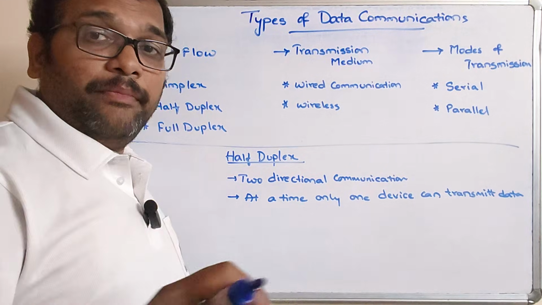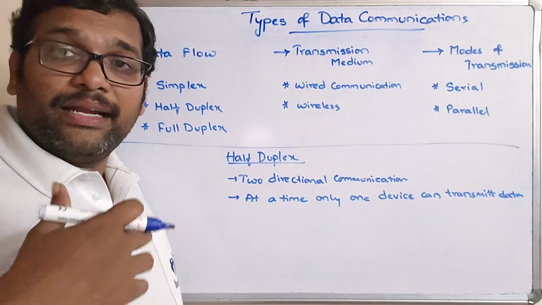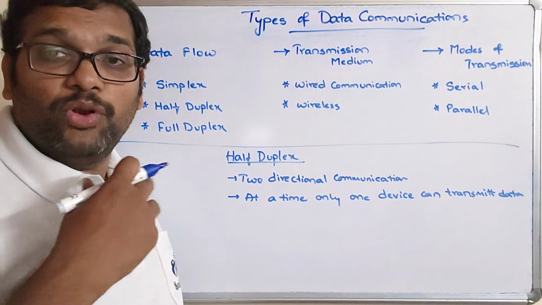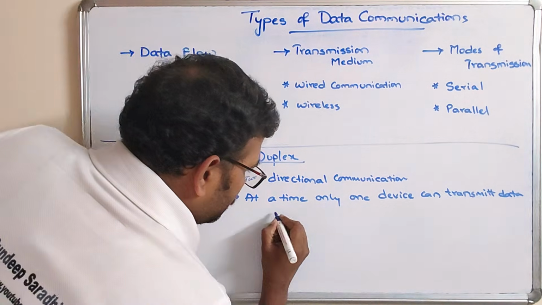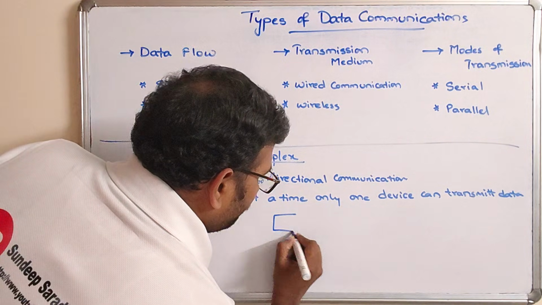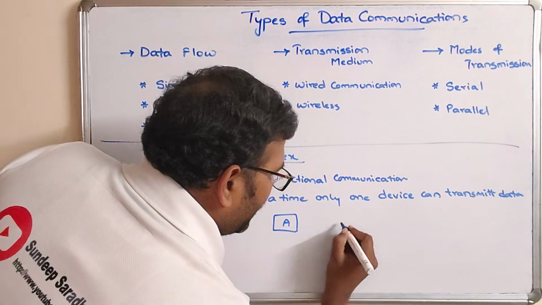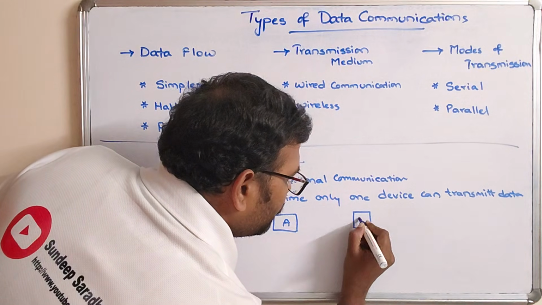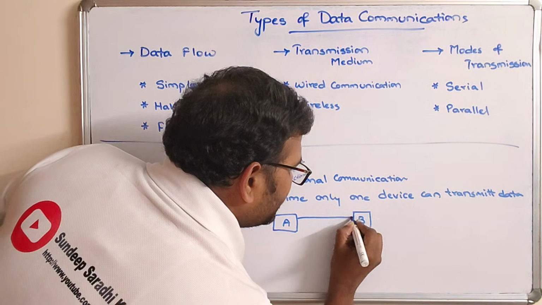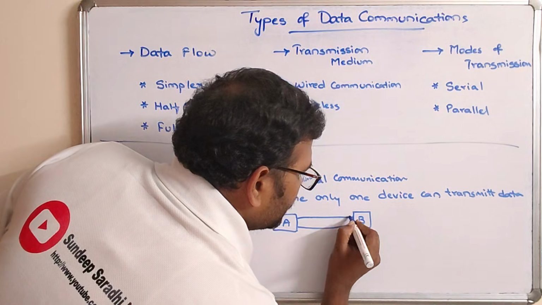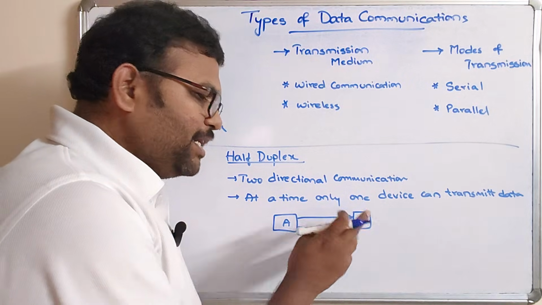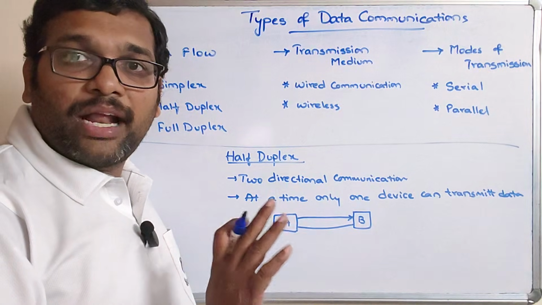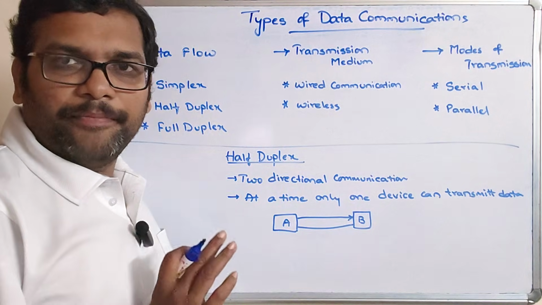That means both devices can't interact mutually at a time. For example, this is A and this is B. It is two directional. If A is sending data to B, B should be idle. B should not transmit data from B to A.